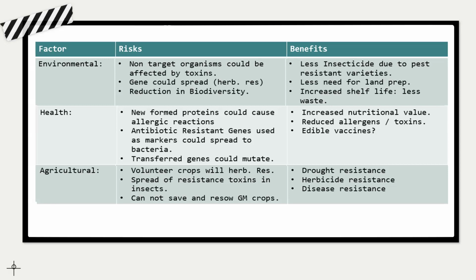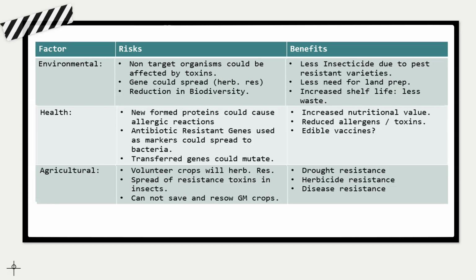There is a chance of spreading resistance in insects. So if you have used a specific gene to create some resistance and then insects pick that up, they can then spread that, which could be quite an issue. When farmers harvest their crops, quite often what they do is they keep a certain amount of their yield and plant it the next year.